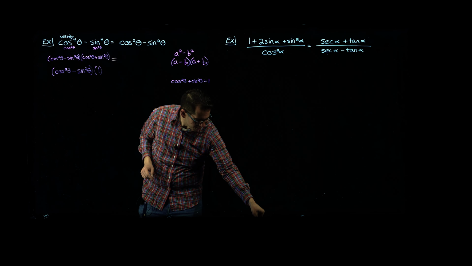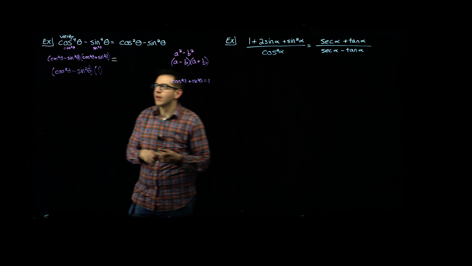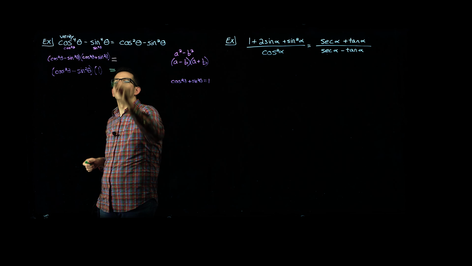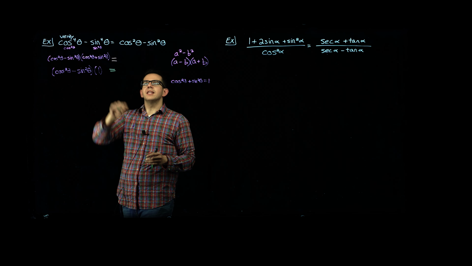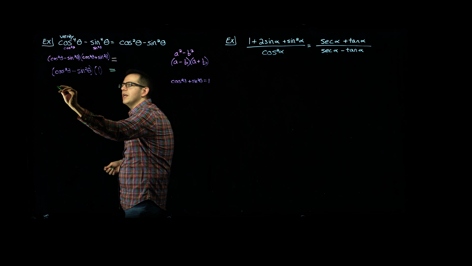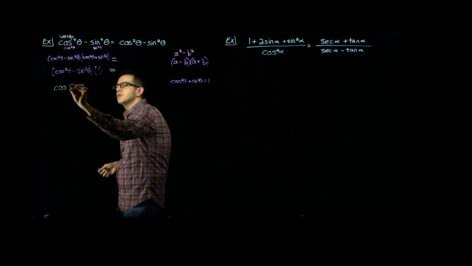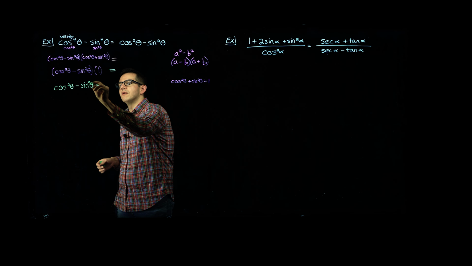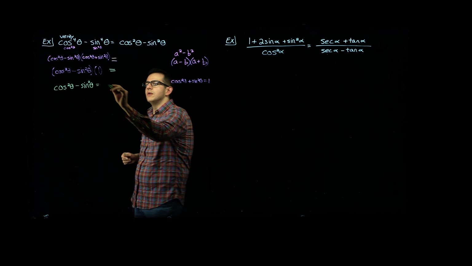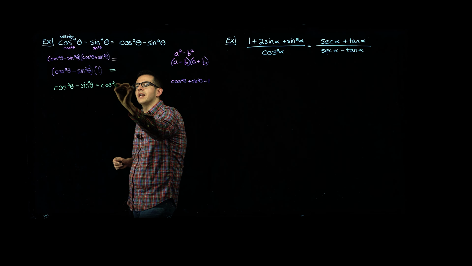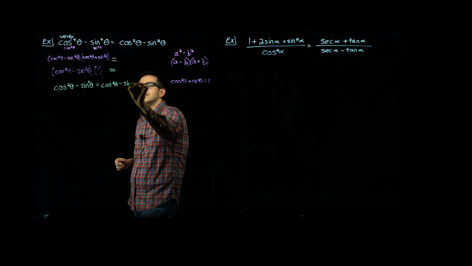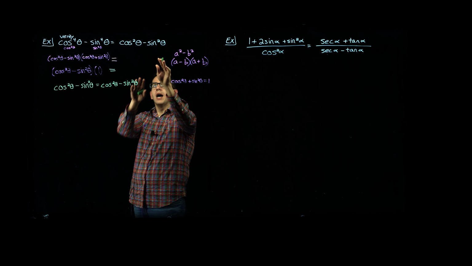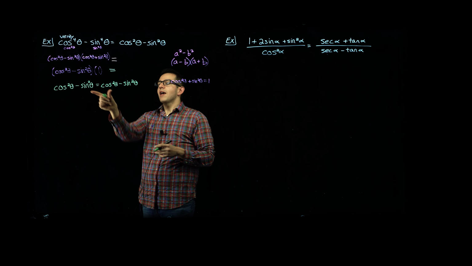I'm going to switch markers here. And now anything times 1 is itself, so we get cosine squared theta minus sine squared theta on the left, with a square here, is equal to cosine squared theta minus sine squared theta on the right. That means this identity has been verified.